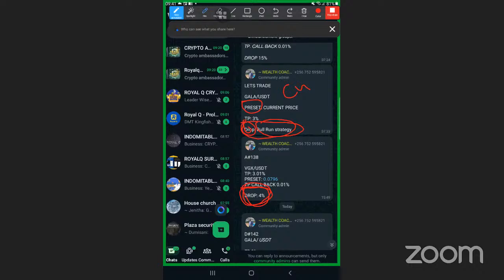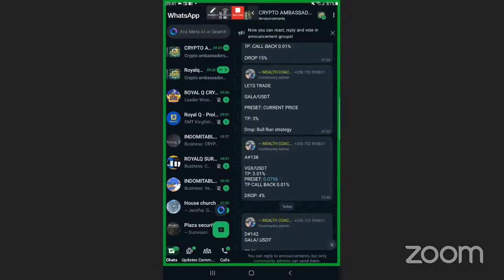And when the signal says bull run, what is a bull run strategy? We are going to get into it. Let's start with the bull run strategy first. Then we're going to come to the drop which is given in the signal. Let's start with the bull run strategy, and we are using a preset price type of signal.